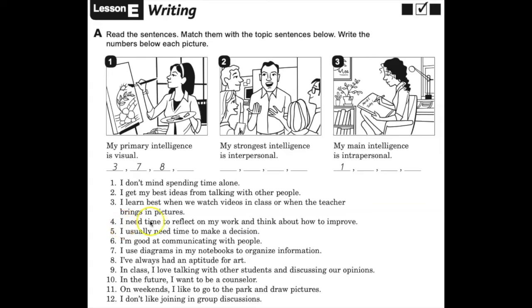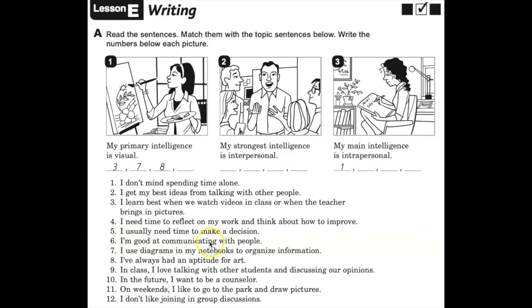Number 4, I need time to reflect on my work and think about how to improve, is intrapersonal, so you'd write the 4 here. Number 5, I usually need time to make a decision. That's probably intrapersonal, 5. But if you had to talk to other people, it could be interpersonal. That's not real clear to me, but I think we'll go with 5.